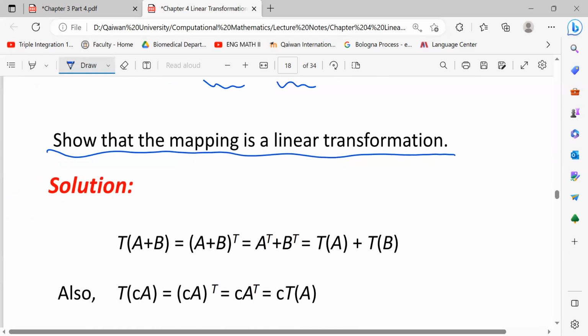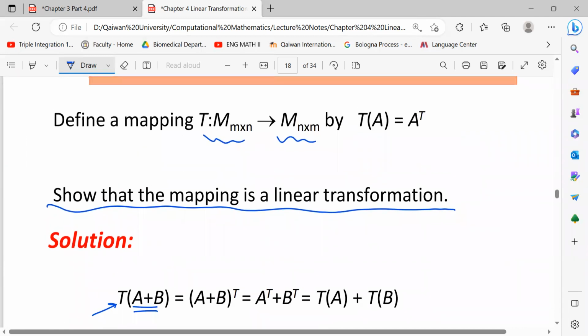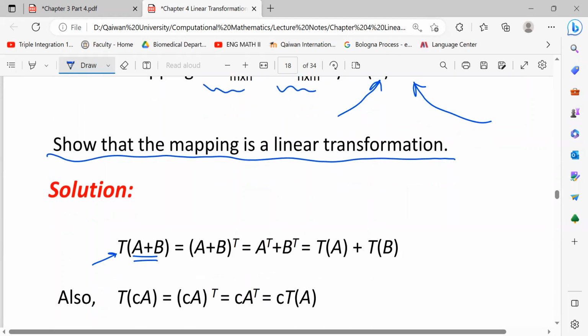Here it says the mapping of the sum of vectors is equal to what? T of A plus B. If we give anything to the function, it gives us its transformation. Even if we have 10 vectors, it gives us the transform of all the vectors. Here the vectors are matrices.